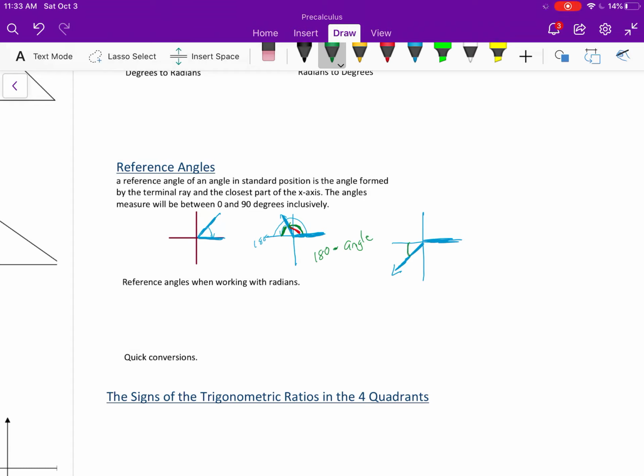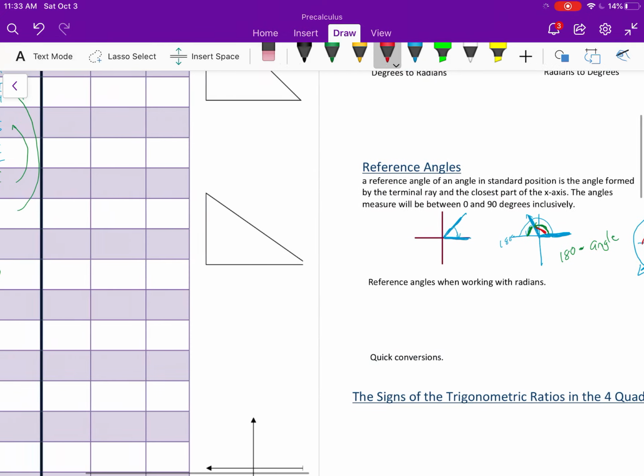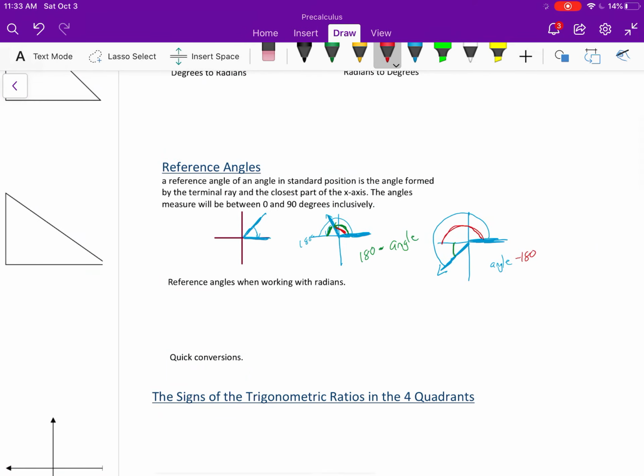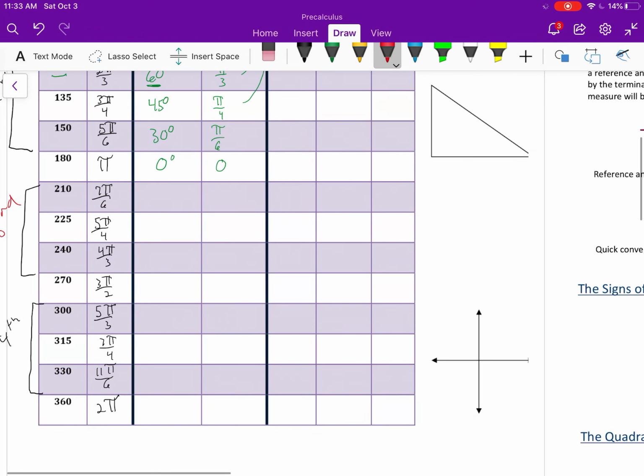In order to find that green angle, we're going to take our angle, which is the blue, and subtract 180, and that will give us the reference angle. So that's in the third quadrant. And you don't have to memorize those things. We're just looking at them to help us figure them out.